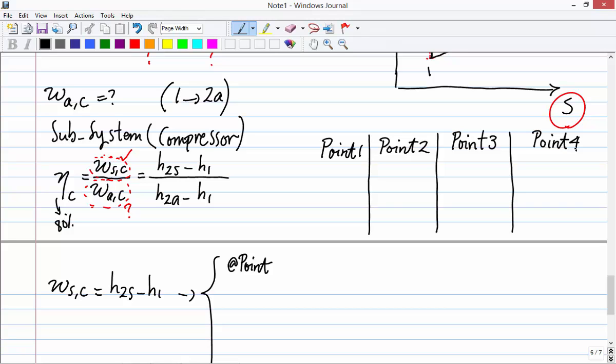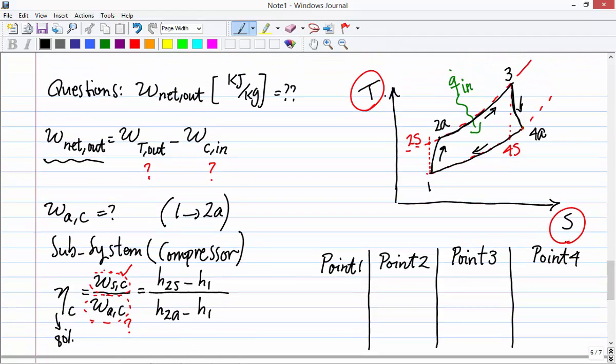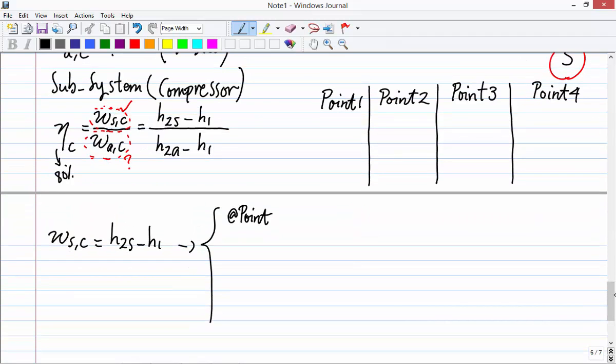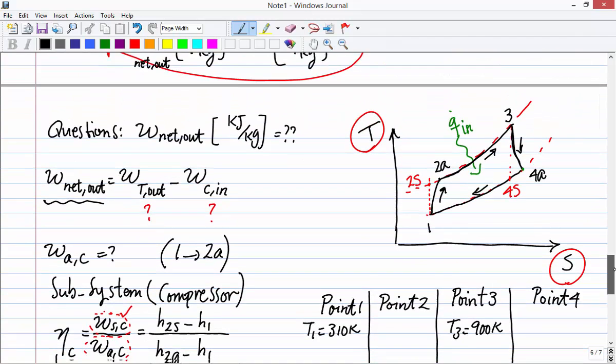I know that the minimum temperature, which should be point 1, because this axis is temperature, so the minimum one is here and the maximum is there. So at points 1 and 3, we know the temperatures. T1 is 310 Kelvin and T3 is 900 Kelvin.